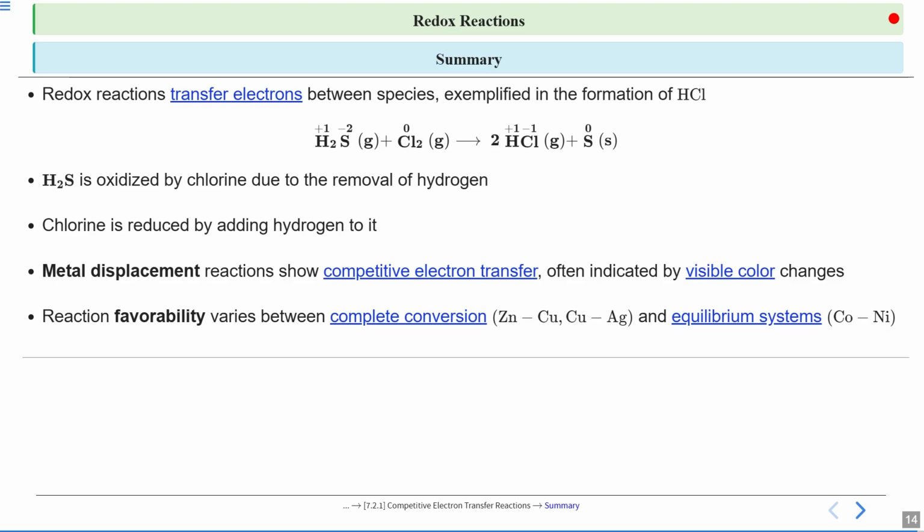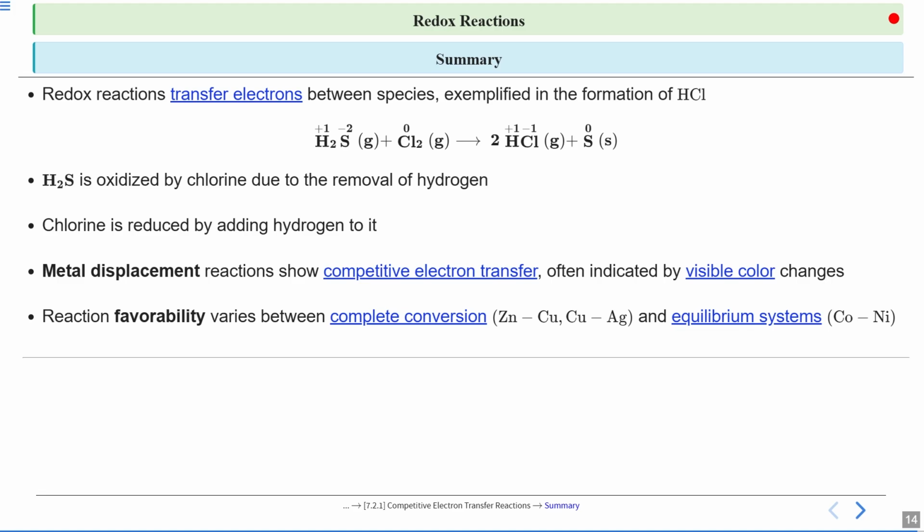And if we consider the nature of the material, because the equilibrium system or reaction favorability is affected by different reaction conditions, one of them is the nature of the metals. So the inherent properties of the metals, such as their tendency to gain or lose electrons, play the major role in determining the reaction favorability.